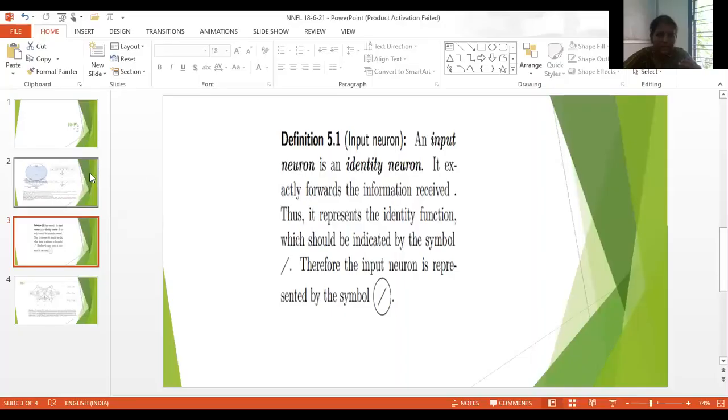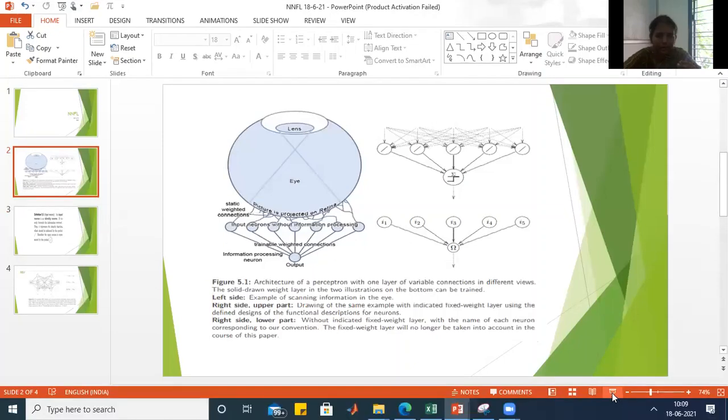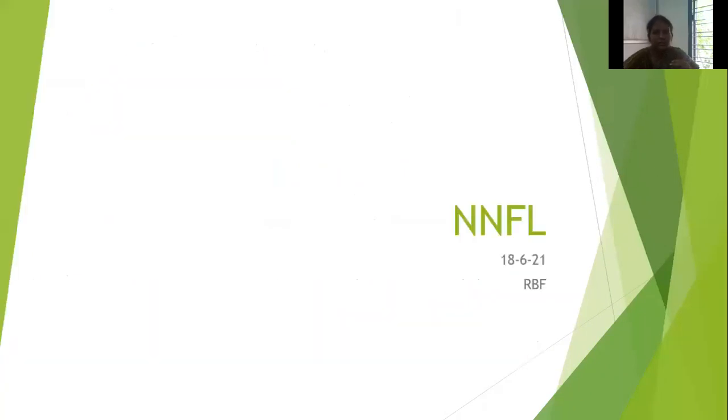What are its advantages? How does this radial basis function transfer the data from input layer to output layer? They are different. These are what we will learn in today's class.